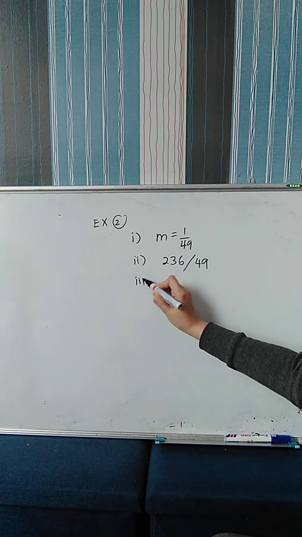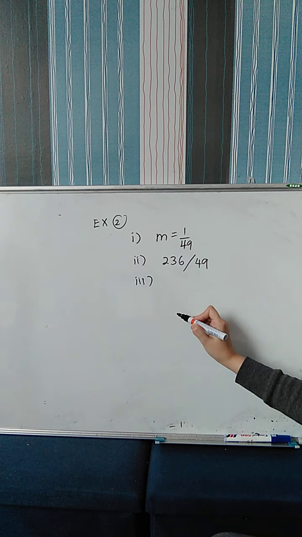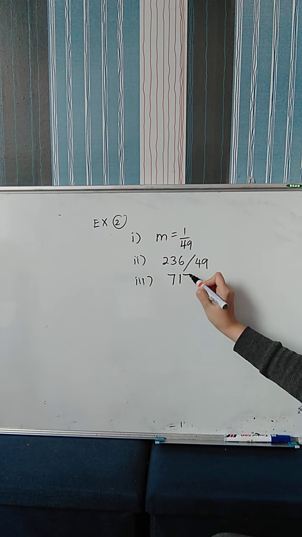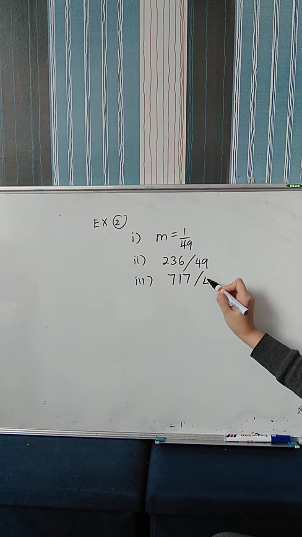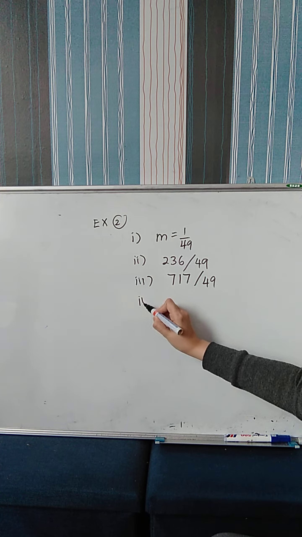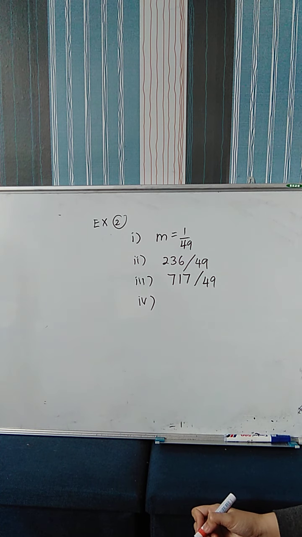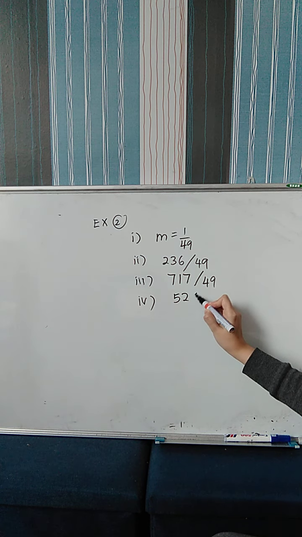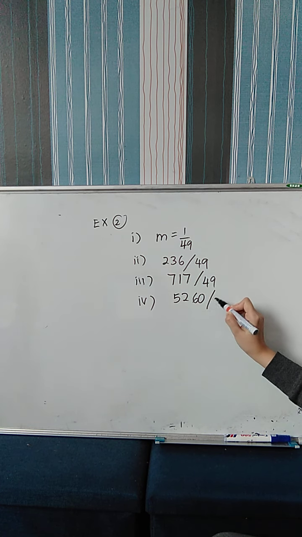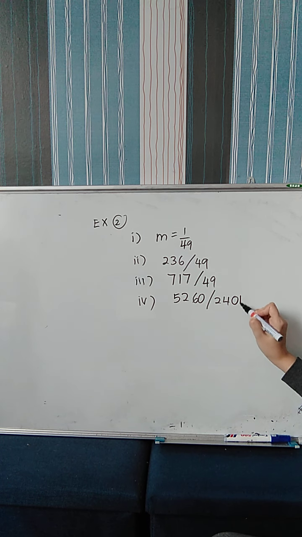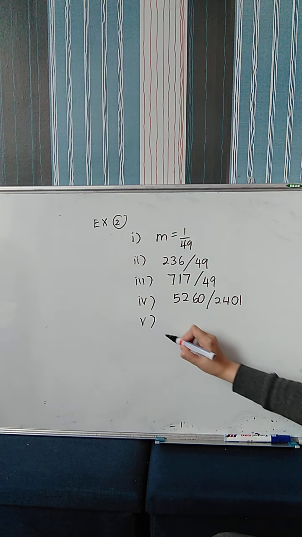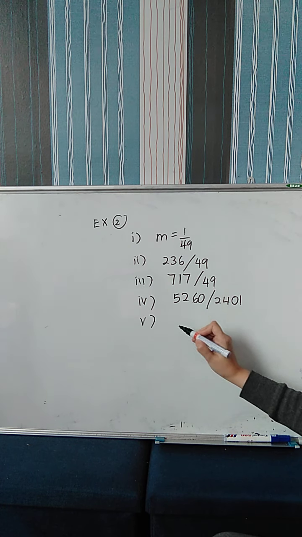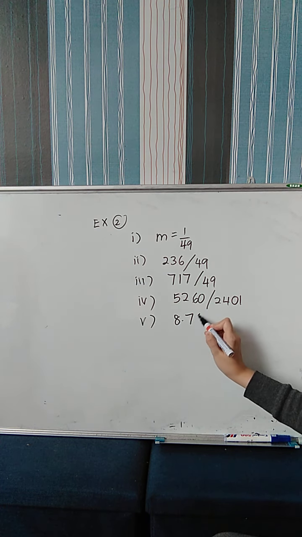Number 3, expected 2x plus 5, the final answer is 717 over 49. Number 4, find the variance x, the final answer is 5260 over 2401. And the last, to find the variance 2x minus 5, the final answer is 8.76.